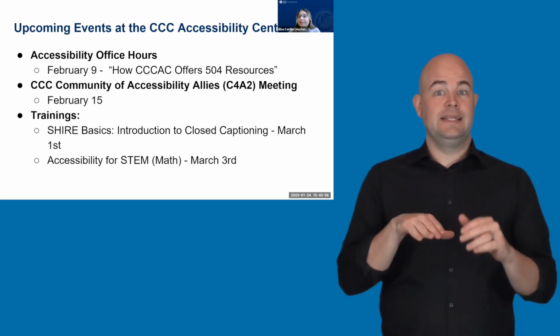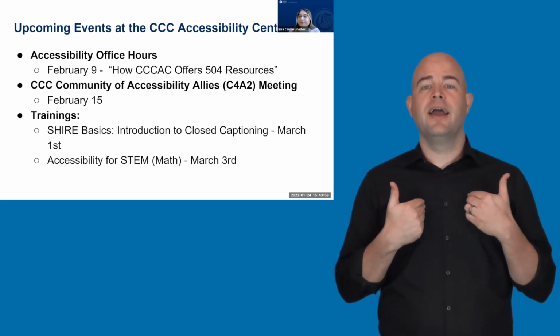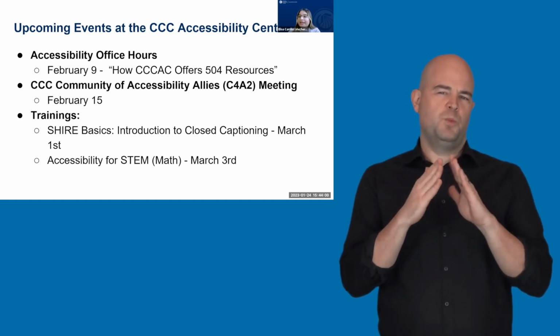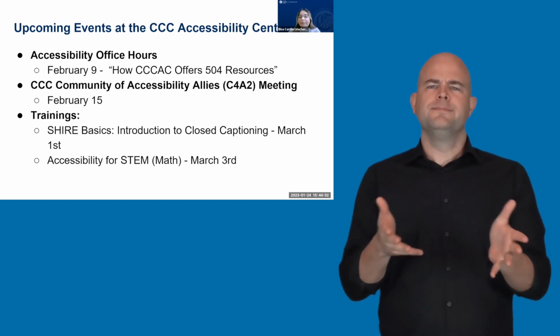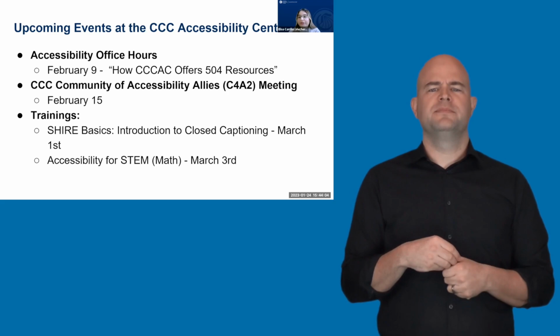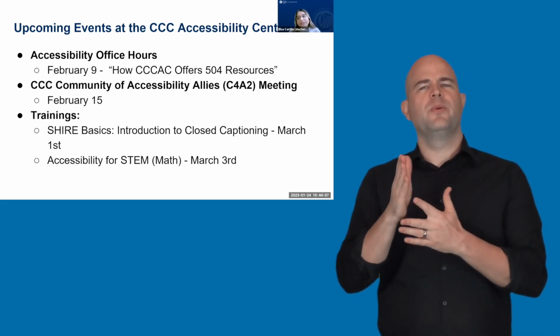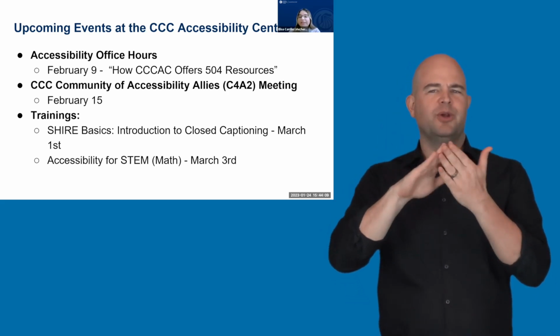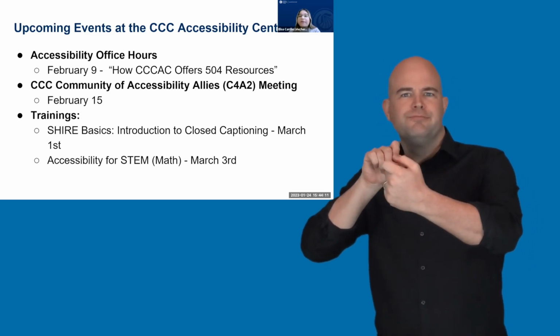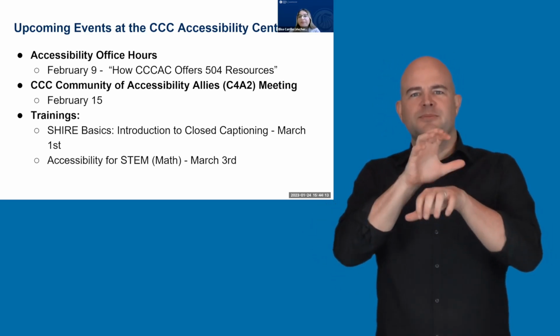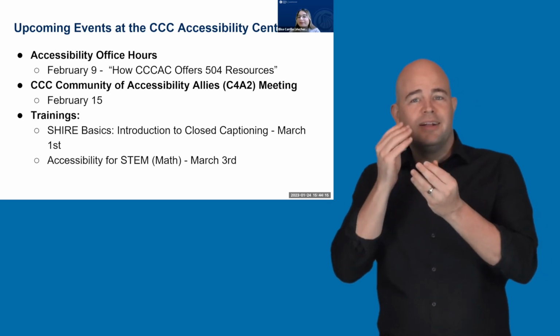The Accessibility Center serves as the community of allies to promote inclusion and campus accessibility among California community colleges through collaboration, networking, and sharing of best practices within web, digital content, procurement, DSPS, and alt media.